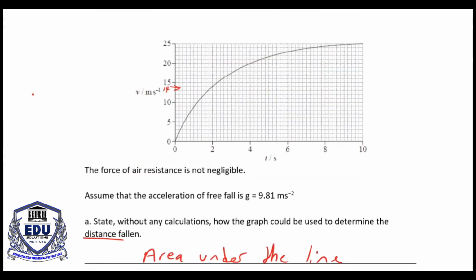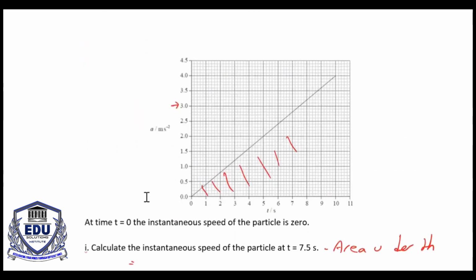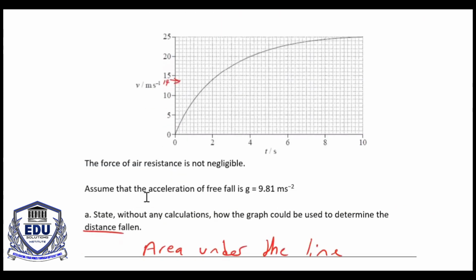Because it is on a curve, we are going to draw a tangent. Let's see how best I can get this to be a tangent. At 2 seconds, we draw a tangent, and we find the gradient of that tangent.